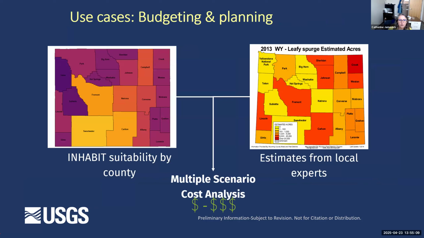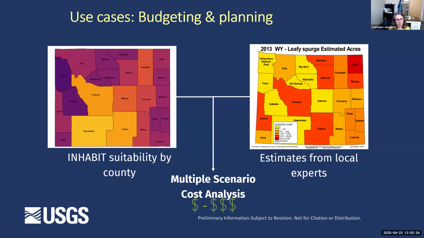Another use case came from some people in Wyoming using our model outputs, and they used the Inhabit suitability by county for a few species as a, like, here's how bad it could get. So how much of this county is suitable for a species.